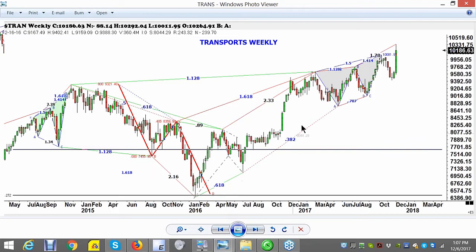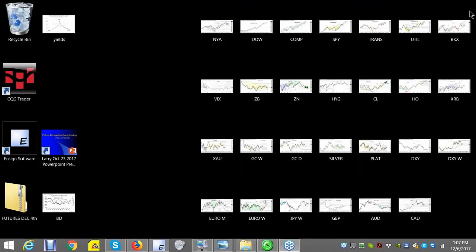This one comes in at 382. This one comes in at pretty much 618. And then you had another one like this, and we just completed the last ABCD this past week. So we've just completed ABCD, which is drive 1, drive 2, drive 3. So we completed a 3-drive top in the transportation index. So that's made that very, very interesting, from that point.